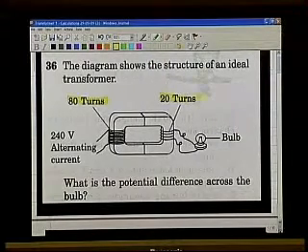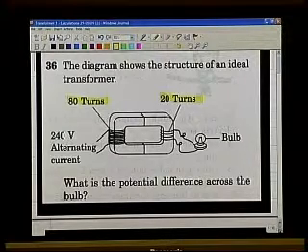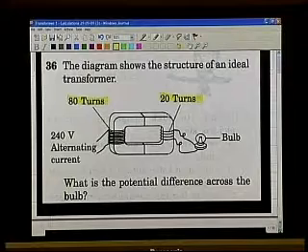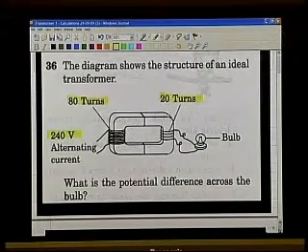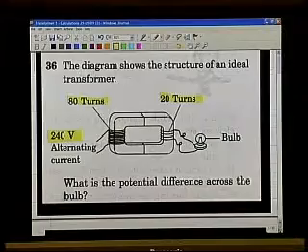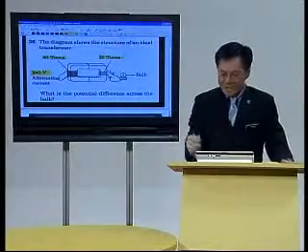Alright, so it goes down. So it is a step-down transformer. And with a step-down transformer, what you can do is just make a simple sketch. And this is 240 volts alternating current in the primary coil. Alright, now let us do the sketch now.